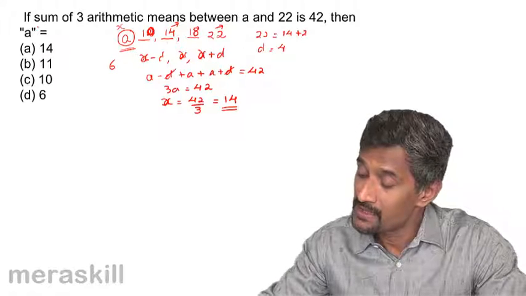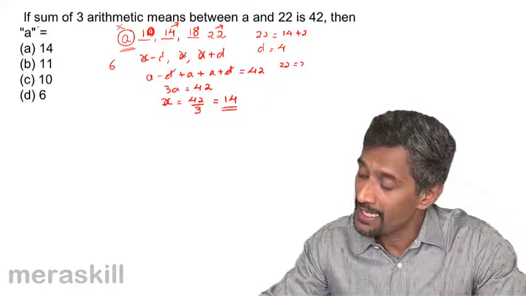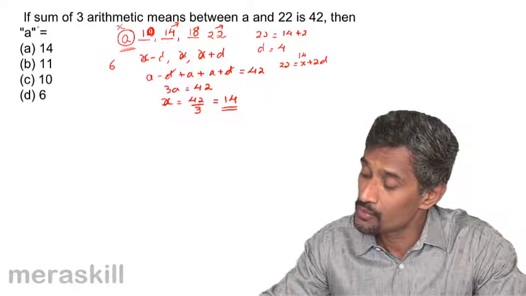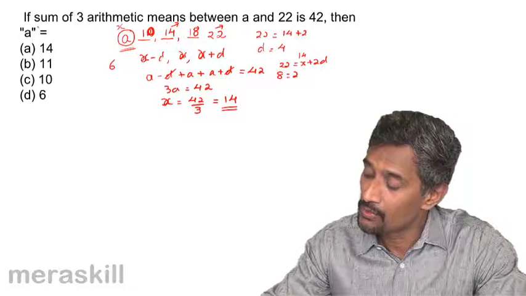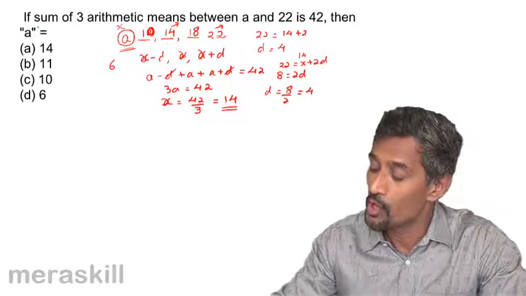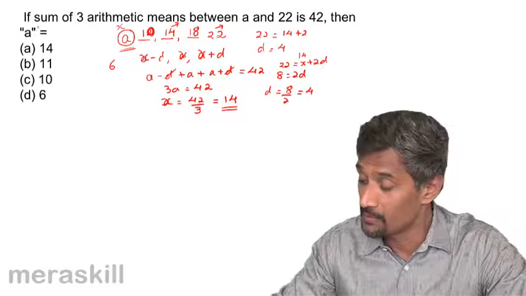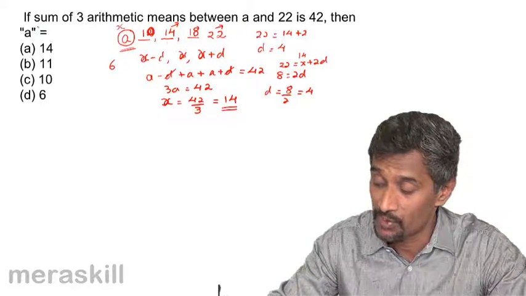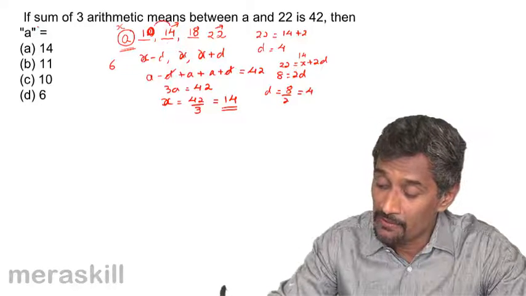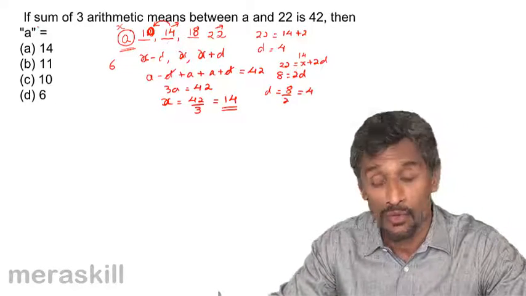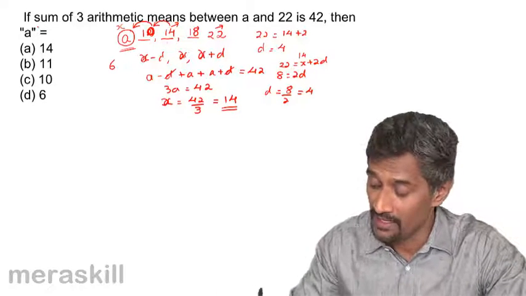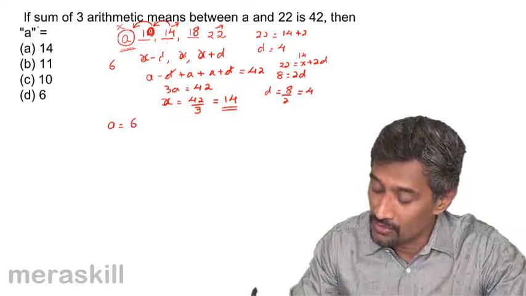That means 22 is X plus 2D, so that is 14 plus 2D. So 8 is equal to 2D, so D is 8 by 2, 4. So the common difference is 4. If the common difference is 4 and this term is 14, this would be 4 more than 14, 18. This would be 4 less than 14, that is 10. And this would be still further 4 less, that is A. So A's value will turn out to be 6.